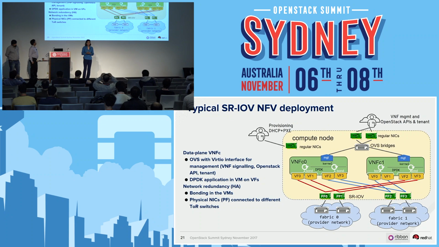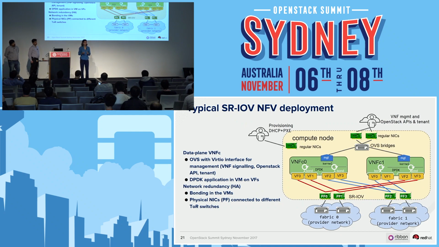Let's look at SRIOV, which is for your NFV deployment. This is what it would look like if you are doing a deployment with OpenStack today. With the NFV requirements, you have bonding happening, with multiple NICs tied together in a bond and going to the top of rack switch, either tied to a PF or a VF.